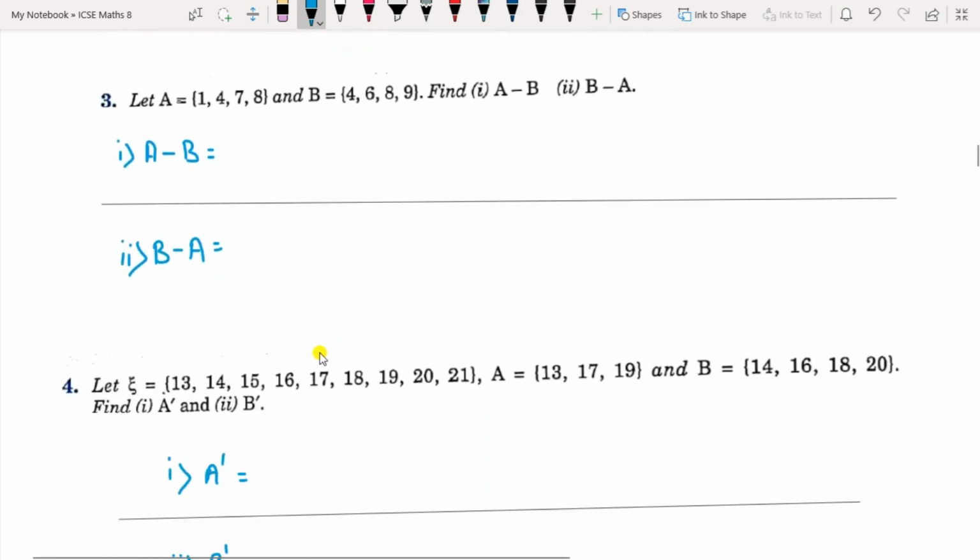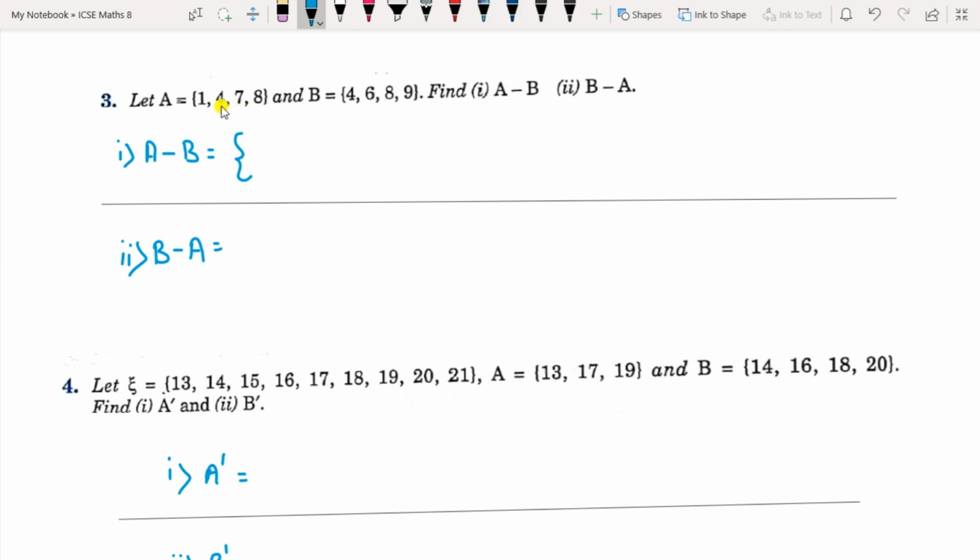The next one is, you have to find the difference here. A is given as {1, 4, 7, 8}, B is given as {4, 6, 8, 9}. So A minus B. Before this I have explained what the difference is. A minus B means all the elements of A which are not in B, those elements you have to write here. So from A, you have to leave the common elements.